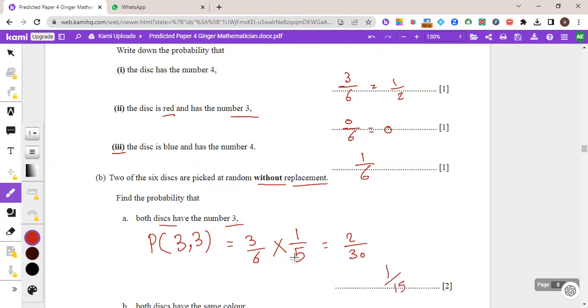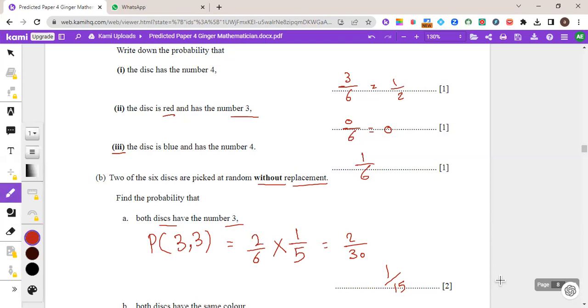But why here didn't you say 2 out of 5? Because first of all, it's without replacement, so the total number of discs decreases, and you already picked 1. So 2 minus 1 is 1, and 6 minus 1 is 5.